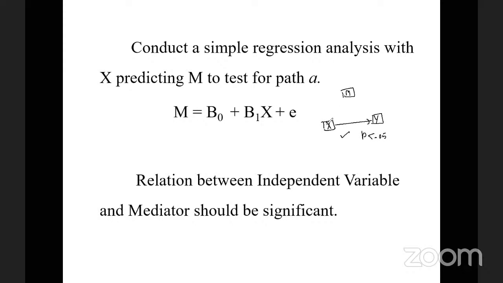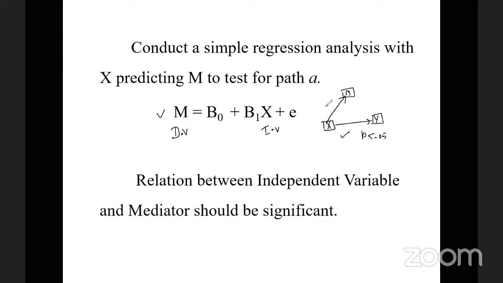Now in the second step we will find the relationship between x and m. Here the mediator is the dependent variable, and x is the independent variable.